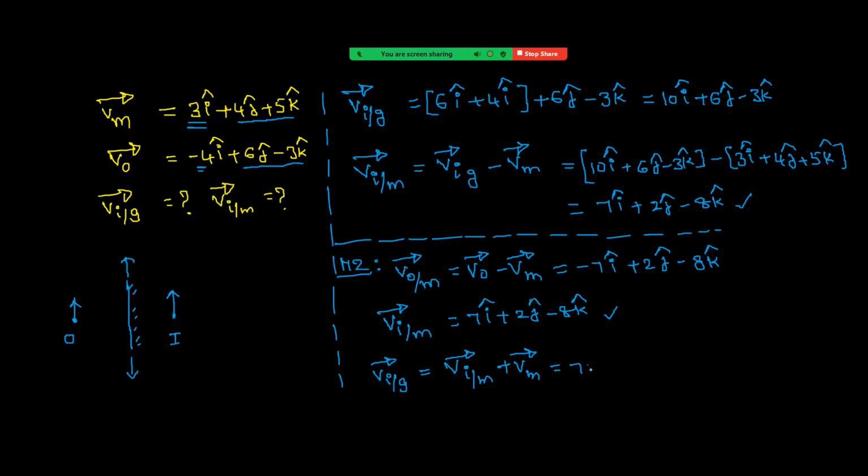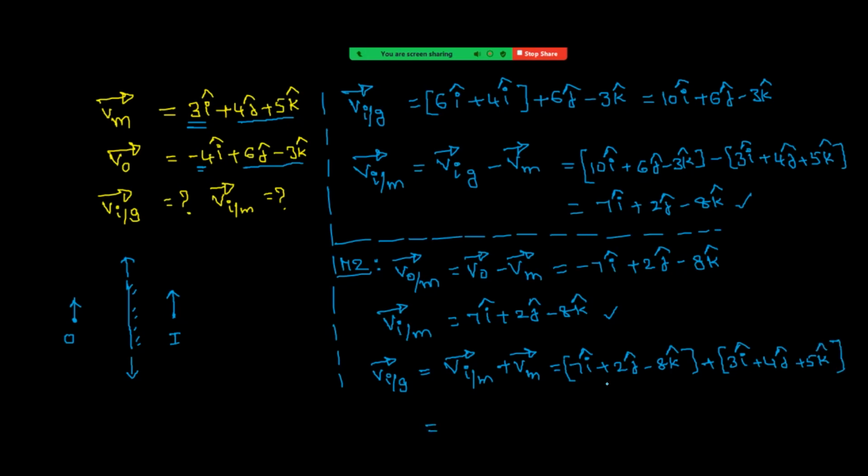This is 7 i cap plus 2 j cap minus 8 k cap, right? Plus velocity of mirror. Mirror velocity is 3 i cap plus 4 j cap plus 5 k cap.